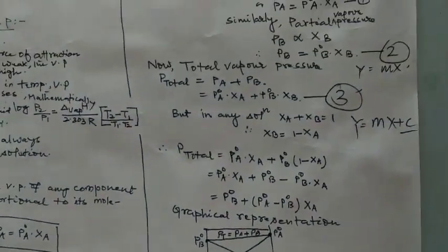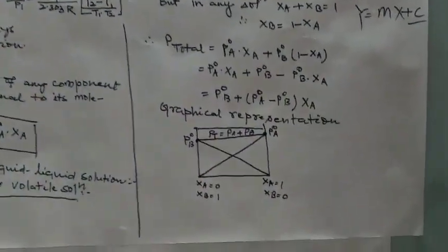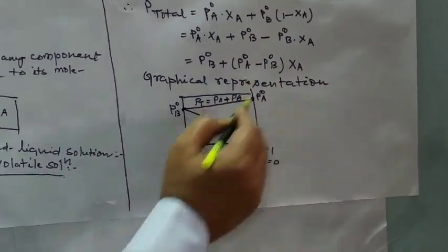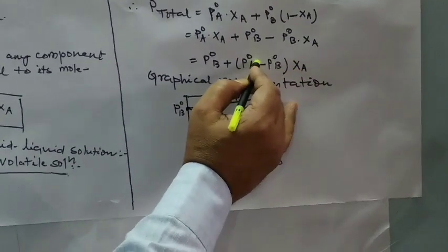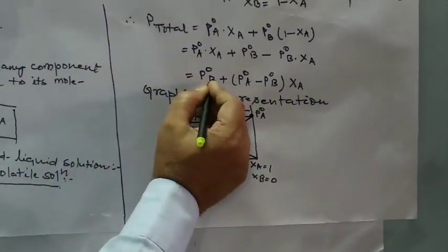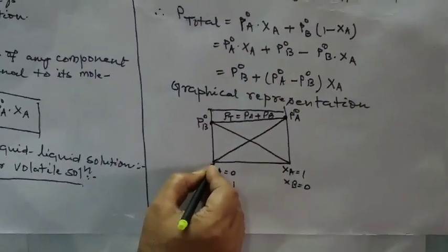So now put the values here. When XA equals 0, this entire term will be 0.